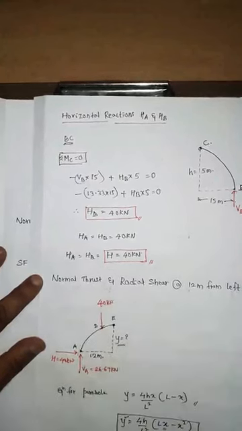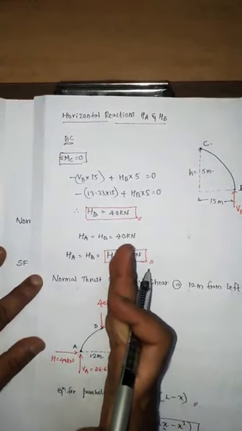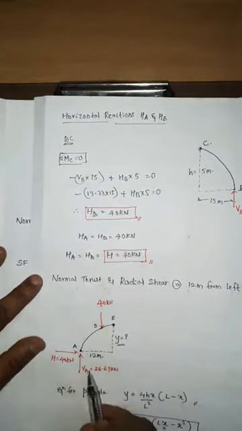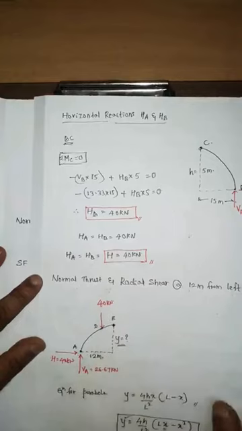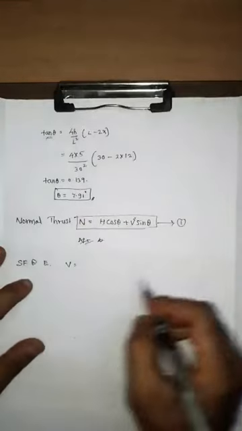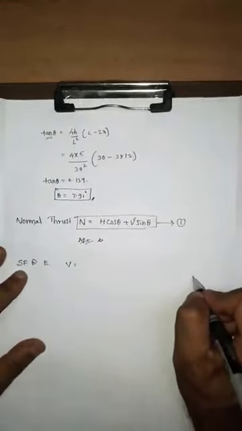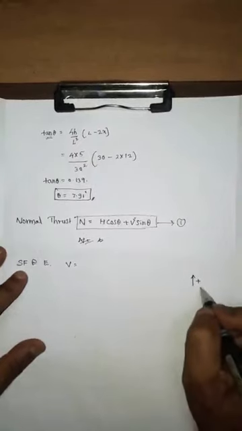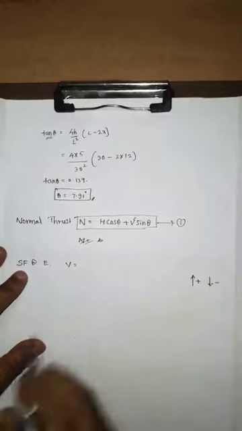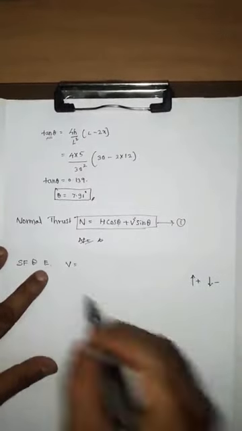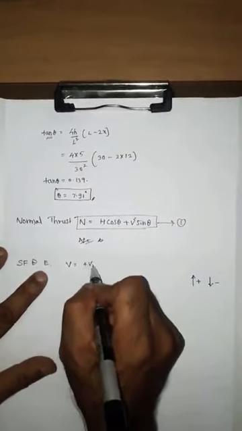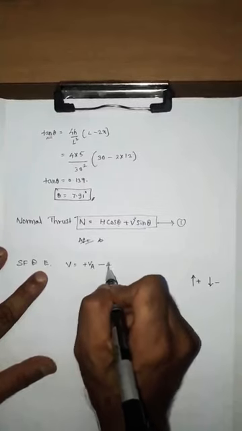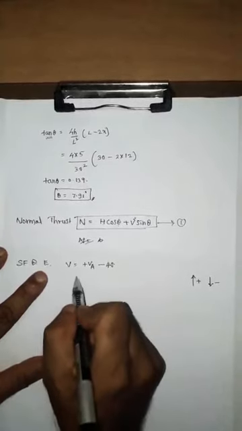Now for the sign convention for shear force, if the force is acting vertically upward, it is positive. If it is downward, it is negative. According to sign convention, it is plus VA, then minus 40. So this is the shear force at point E.